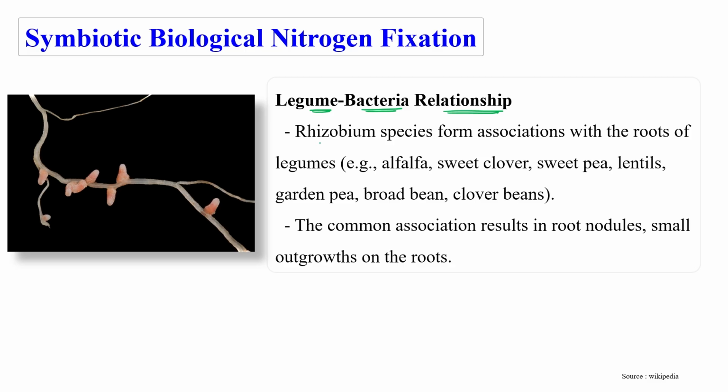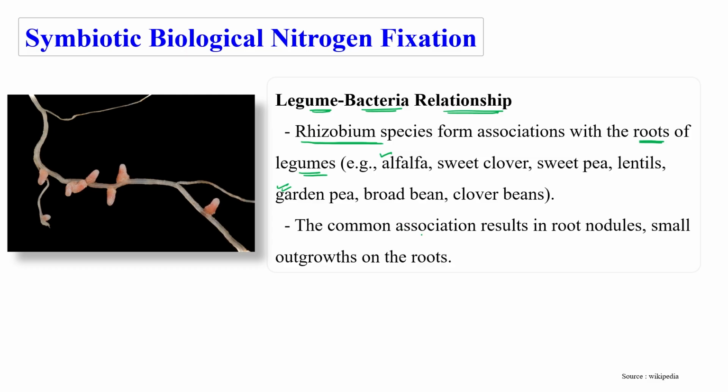In which the Rhizobium species is the main type of bacteria. This associates with the roots of legumes like alfalfa, sweet clover, sweet pea, lentils, garden pea, right? Mainly pulses, as I told you. So there is a symbiotic relationship between the roots and bacteria.